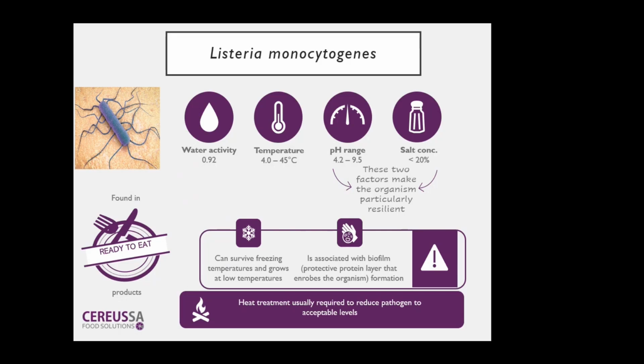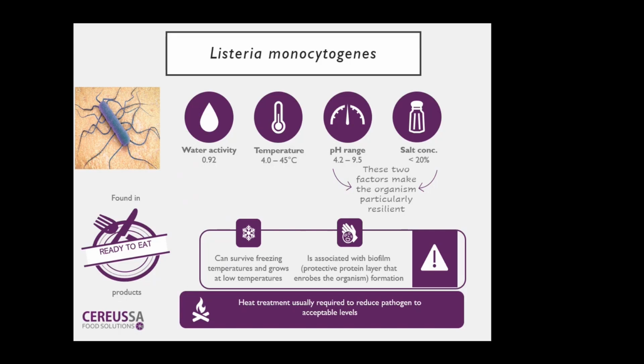Now, Listeria is also known to form biofilms. Now, a biofilm is a protective layer that the bacteria produces to protect itself against environmental factors. Oftentimes, this makes the bacteria more resilient and it's harder to clean and to remove the bacteria from a surface.